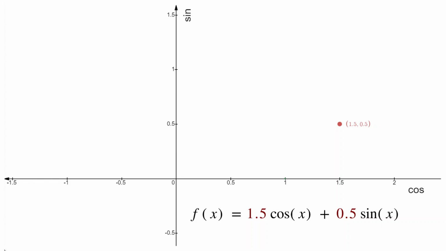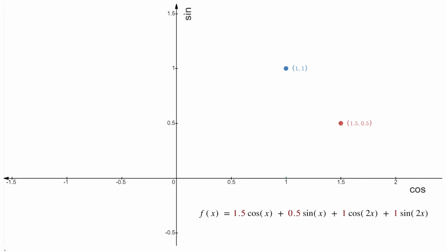Just like that, we can go ahead and add a second point in blue. The second point is associated with the frequency k equal to 2. Red and blue points now together represent a function f of x equals 1.5 cosine of x plus 0.5 sine of x plus 1 cosine of 2x plus 1 sine of 2x.